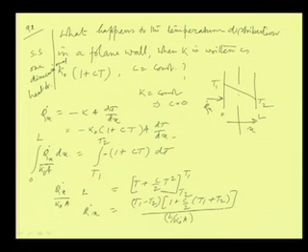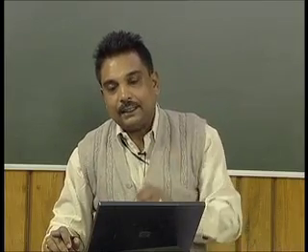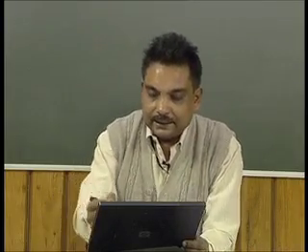When C comes to 0, it is the simple T1 minus T2 over resistance that we have already seen. But when C is not 0, you have an extra term, which means the profile becomes nonlinear in nature.